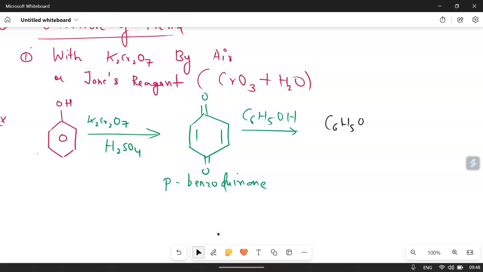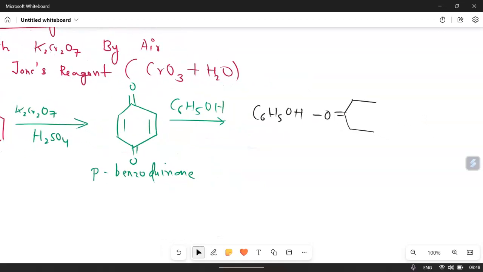Remember that it is attached like that, but double bond. This is the product that will be formed. You can make it like that.